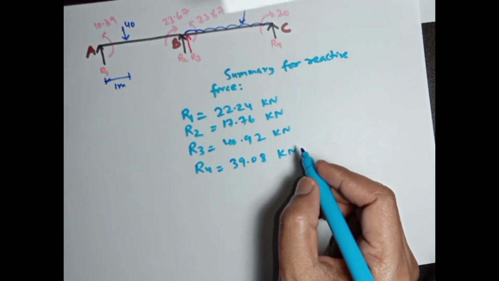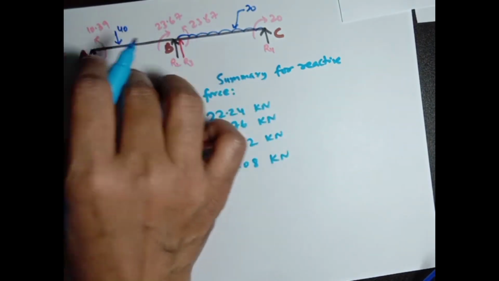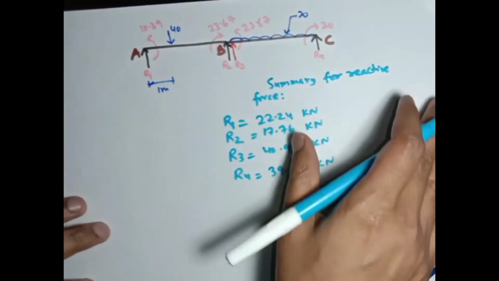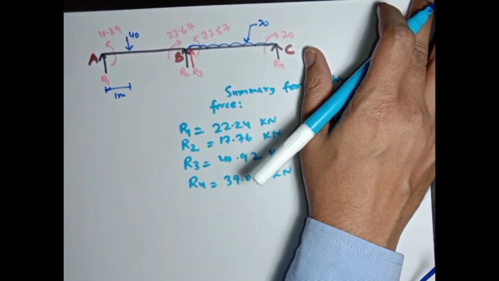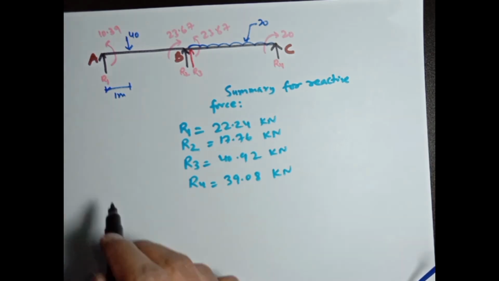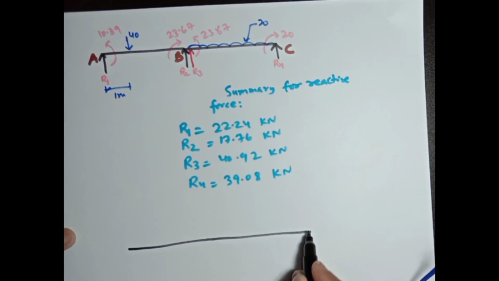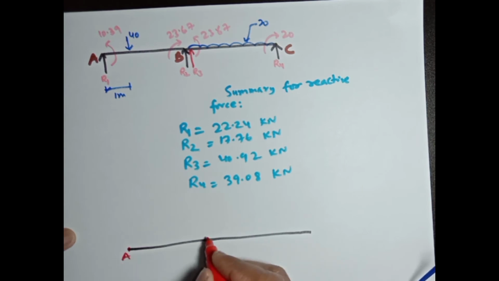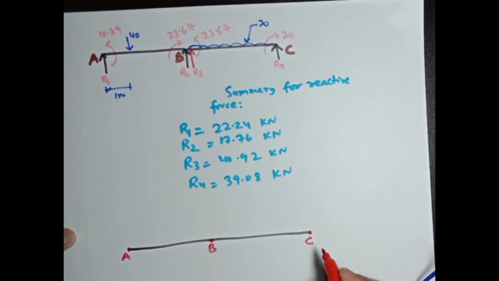Now we are done with the values of all reactions R1, R2, R3 and R4. So it will be very easy for us to develop a shear force diagram here. Now let's draw a beam here, a two span beam. This will be joint A, this will be joint B, and this will be joint C.